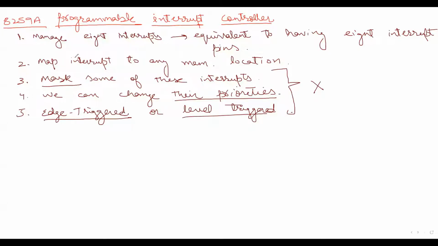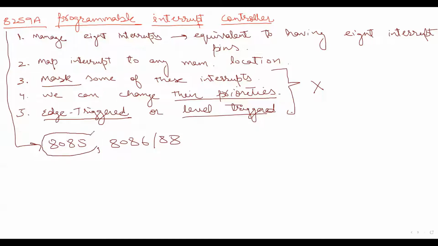Why won't we discuss it here? Because this particular device 8259A can be used with the 8085 processor, and it can also be used with 8086 and 8088. But we will only discuss some of the concepts that are important in relation to 8085, because this course is related to microprocessor 8085.